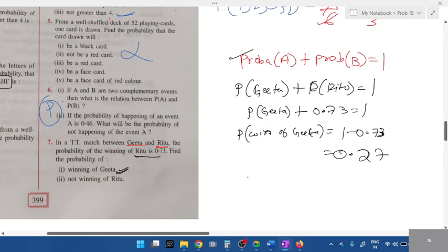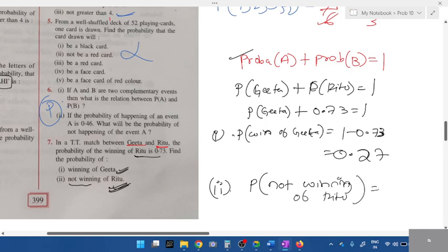So it is less than 50%, student. Obviously Ritu has got 0.73. What do you mean by not winning of Ritu? If Ritu is not winning, who's winning, students? Not winning is given, so the same answer. Even for the second one, it's the same. But you have to write the statement like this. Don't write winning of Geeta. The statement should be as in the question: not winning. The probability of not winning of Ritu is equal to the same answer, 0.27.